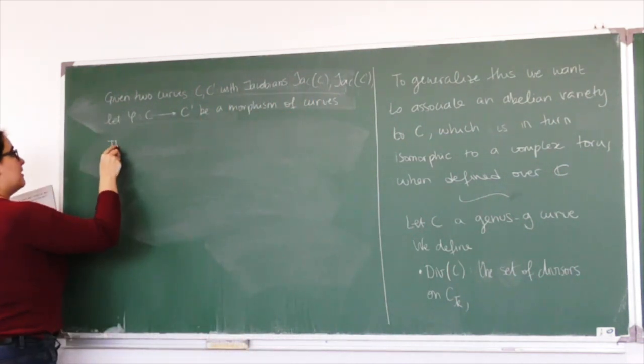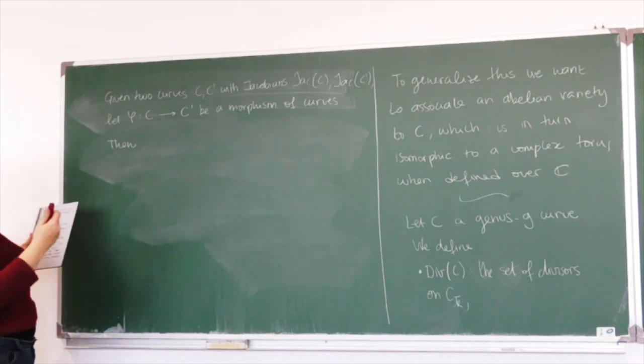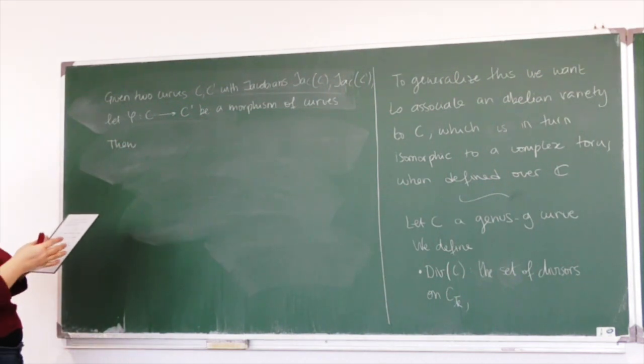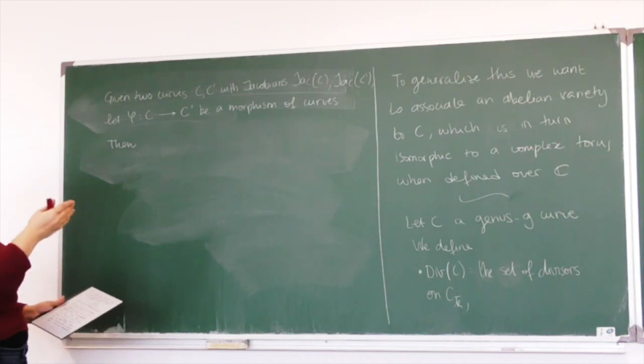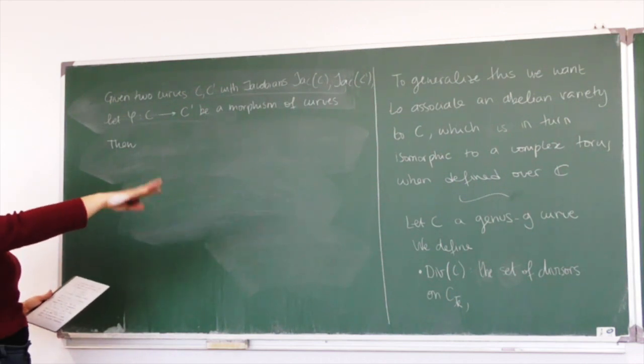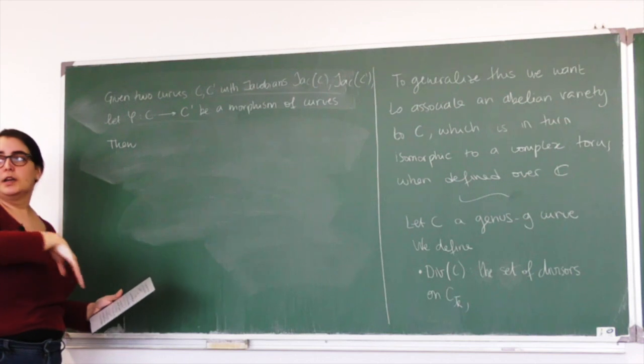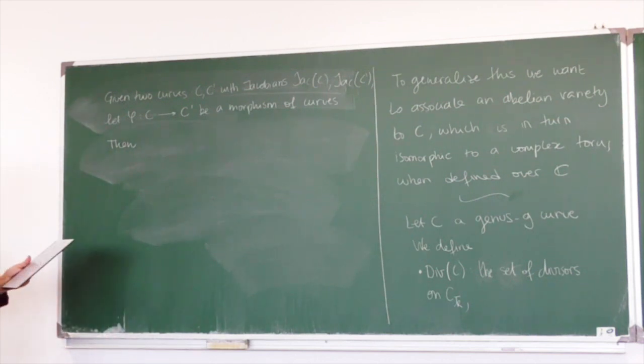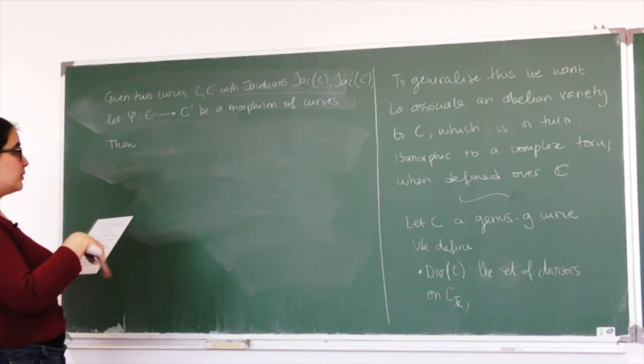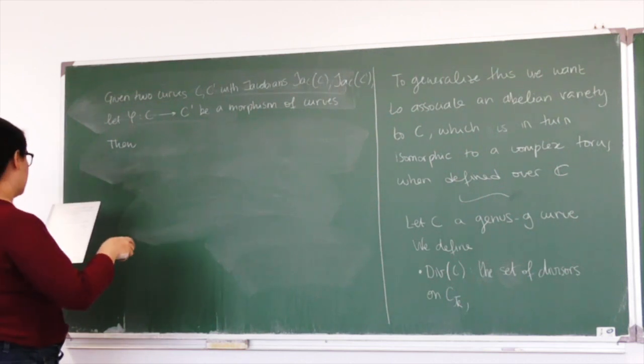Then basically this morphism will induce homomorphisms in the different groups that we have defined associated to the curve, and this will in turn give us a morphism on the Jacobians in the end.